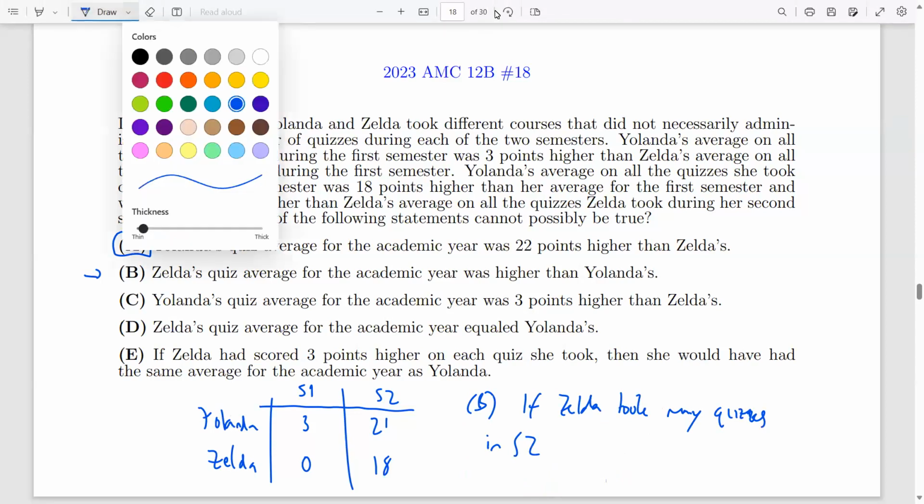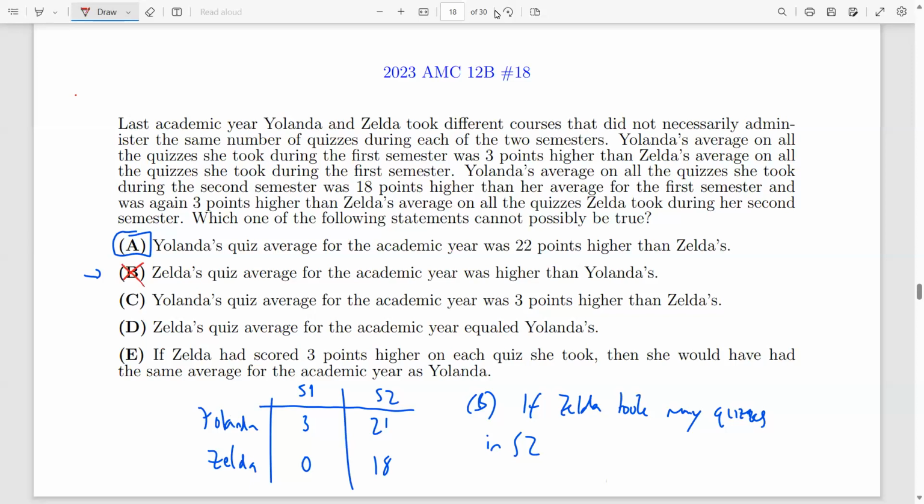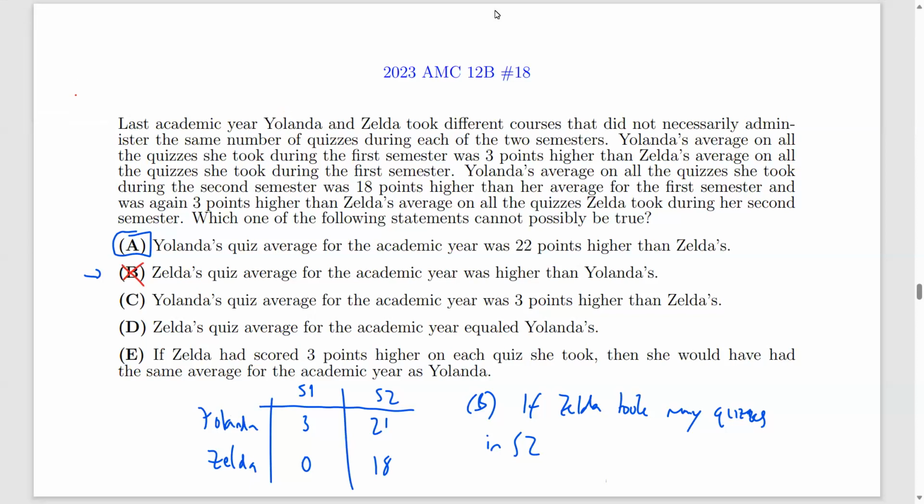So B could happen. Therefore, B is not the answer. For choice C, Yolanda's quiz average is 3 points higher than Zelda's. This could happen if Yolanda and Zelda each took one quiz in semester 1 and semester 2. Therefore, C could happen and is not the answer.